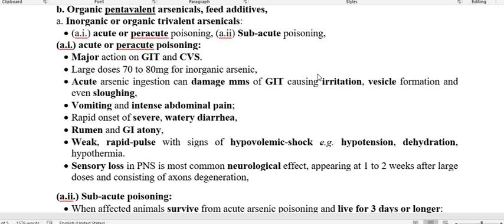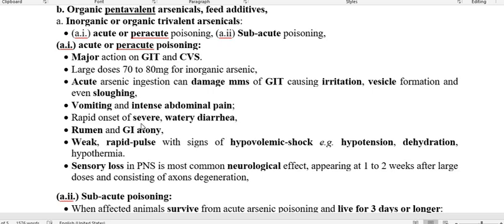Irritation in the GI tract produces vomiting, and if there is sloughing, there is intense abdominal pain. So irritation with sloughing and vesicle formation produces vomiting along with intense abdominal pain.